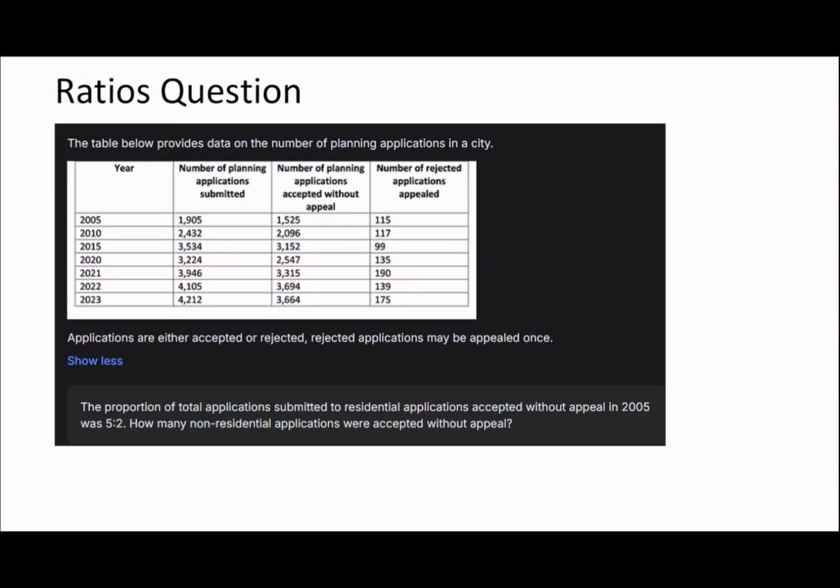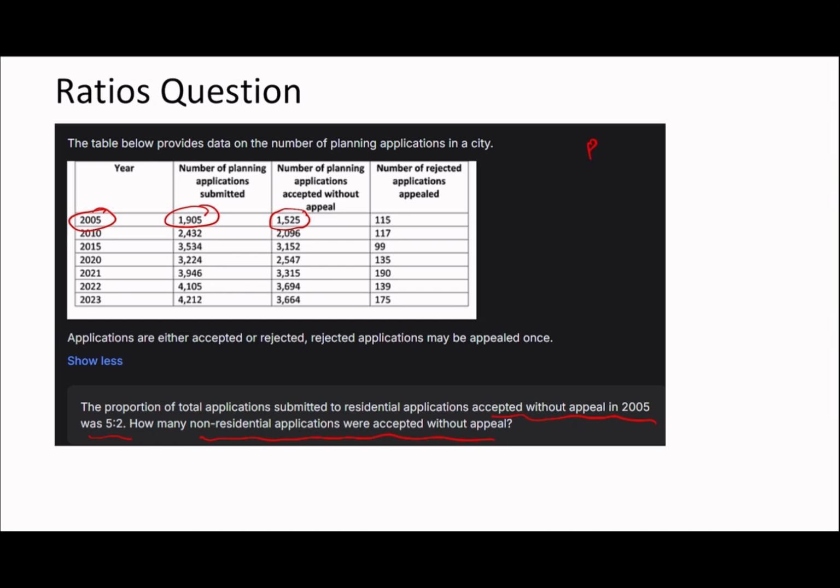The proportion of total applications submitted to residential applications accepted without appeal in 2005 was 5 to 2. So this is how many planning applications were accepted, and I think they're asking us for how many non-residential.